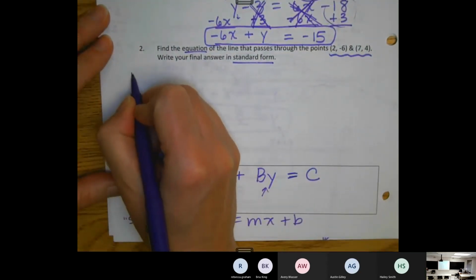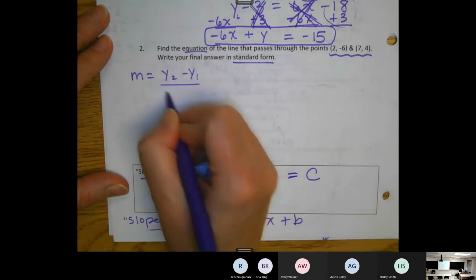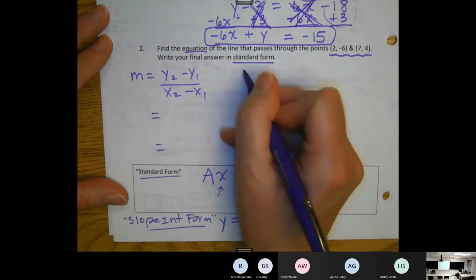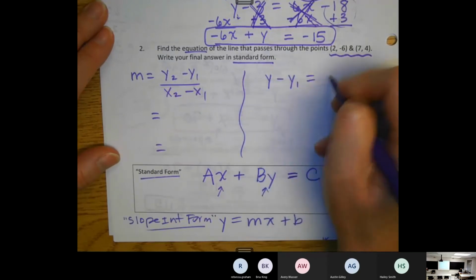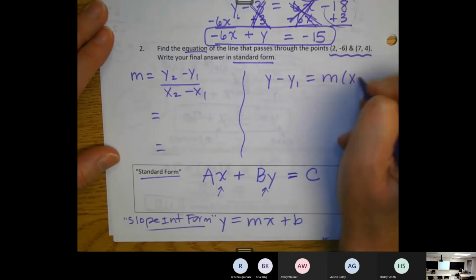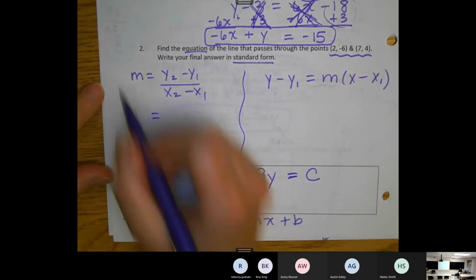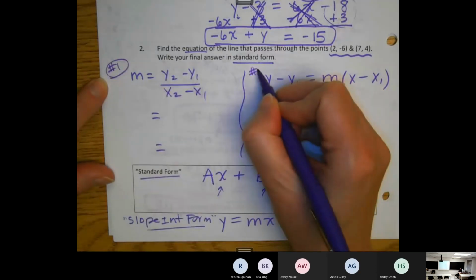In other words, let's find the slope first with that y2 minus y1 over x2 minus x1 formula. And then once we have it, we can plug it in to our y minus y1 equals m times x minus x1 formula. So we've got step number 1, and then step number 2.